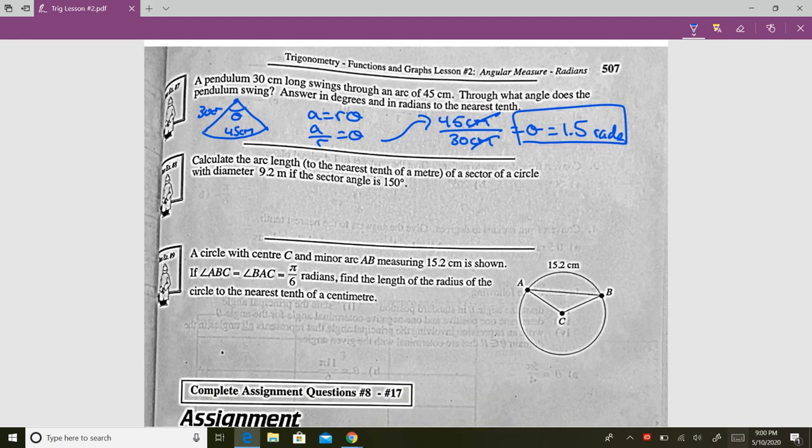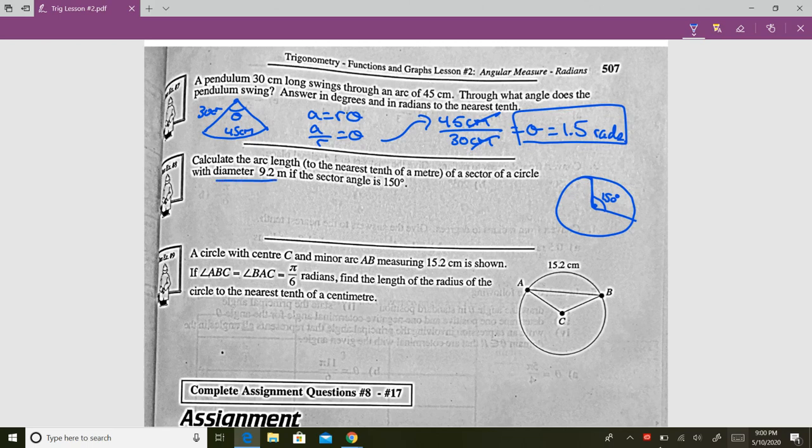Calculate the arc length to the nearest tenth of a meter of a sector of a circle with a diameter of 9.2 and a sector angle of 150. Okay, so they told us the angle. I always find it helpful to draw a picture. So they're saying you have an angle of 150.